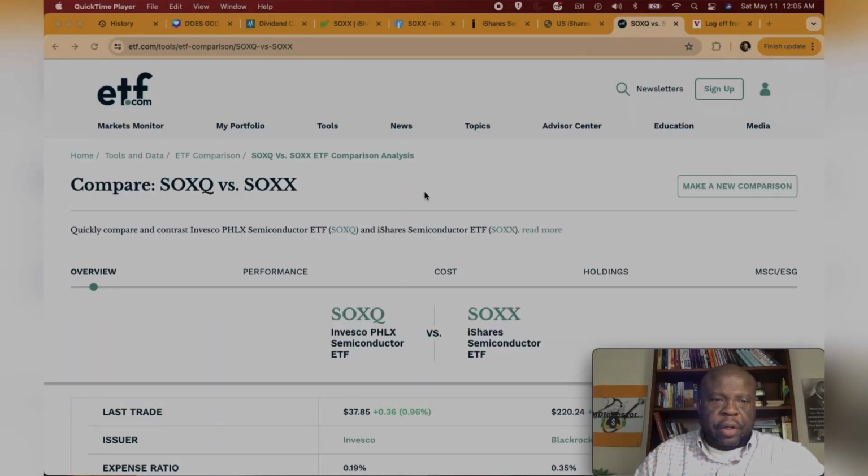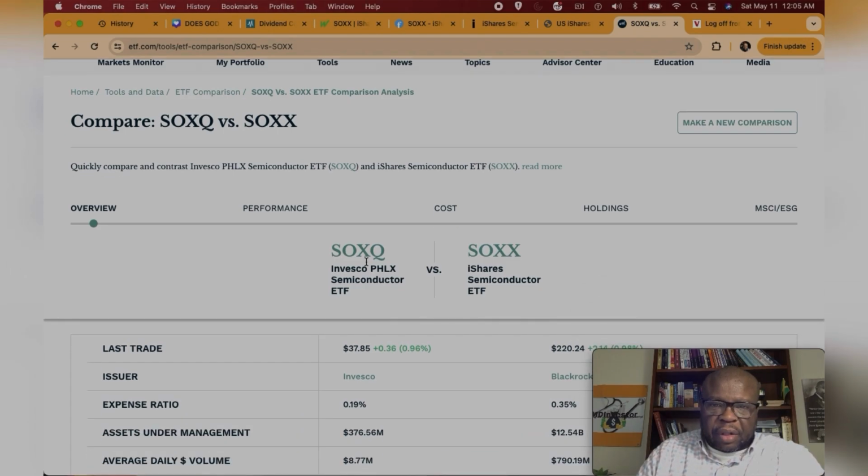Let's go. So here we are in my computer on the ETF.com website. We're going to compare two semiconductor ETFs. SOXQ is on the left and SOXX is on the right.